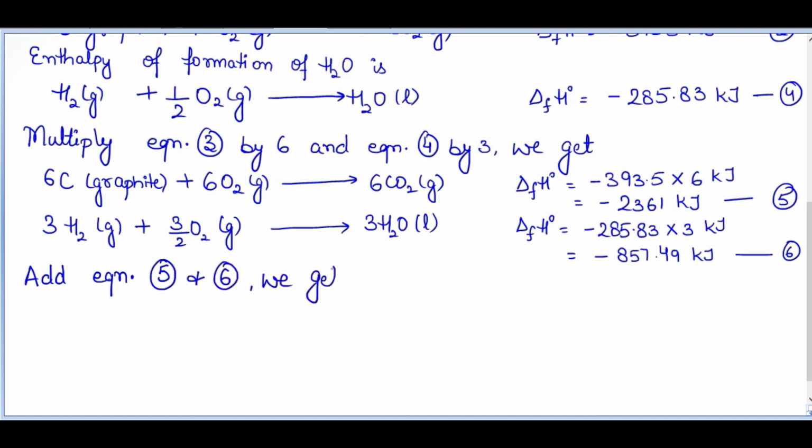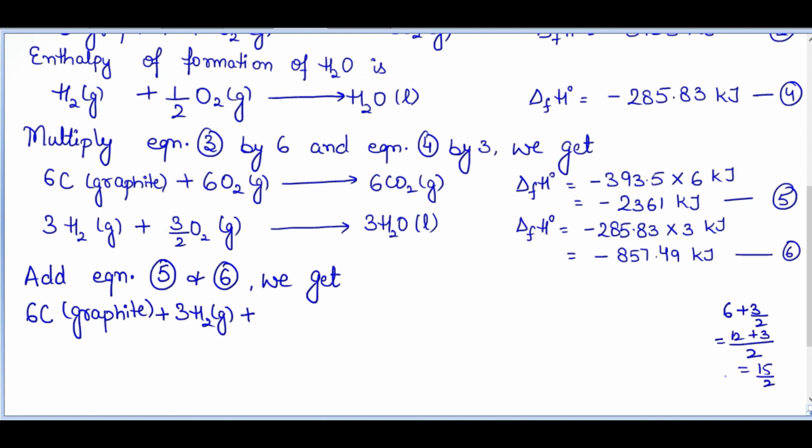We get 6C graphite plus 3H2 gas plus, now 6 plus 3 by 2, you just take the LCM, 2 into 6, 12 plus 3, that means 15 by 2. So just write 15 by 2 O2.